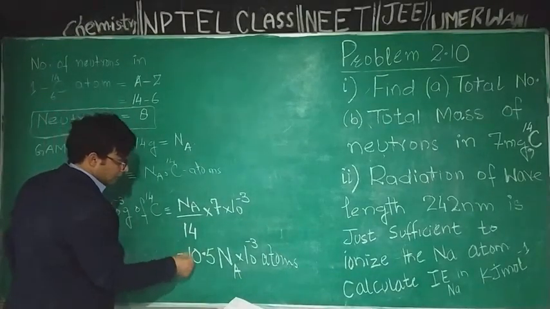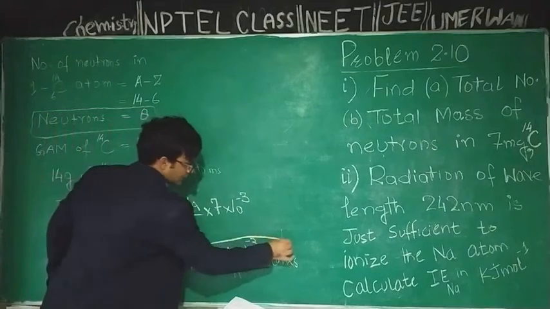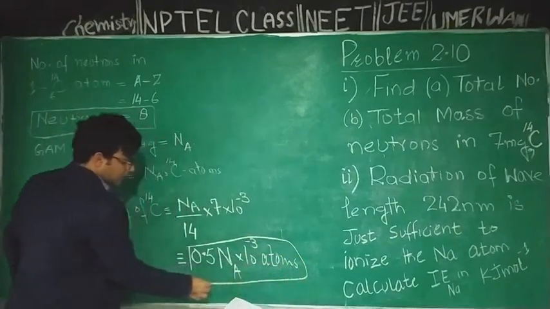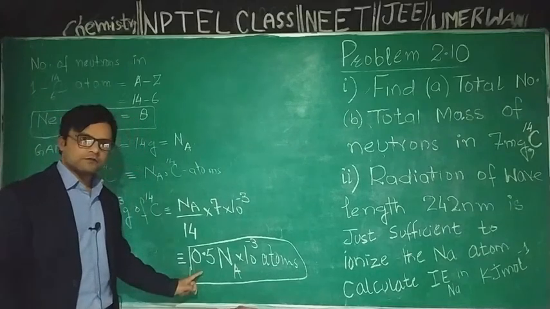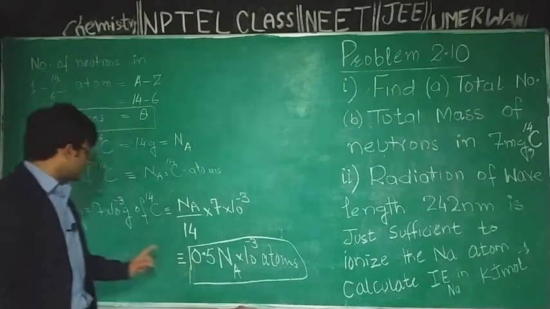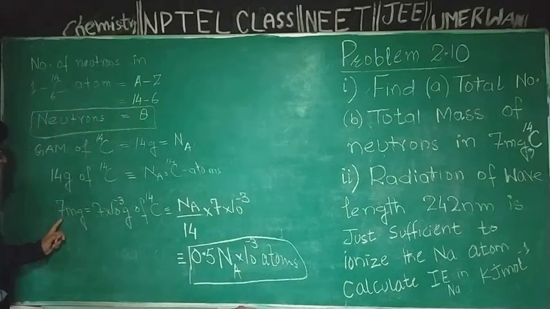What is this value for me? This is the number of carbon 14 atoms present in its 7 mg weight.